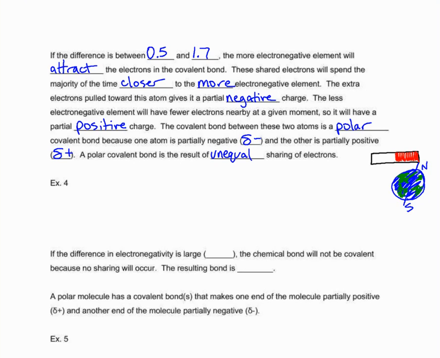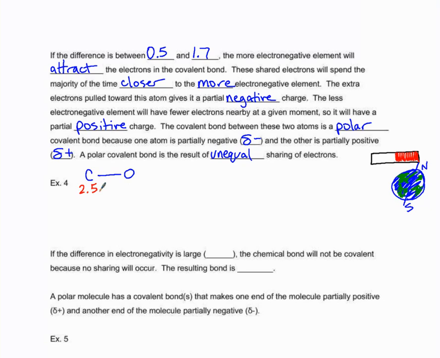So we look at a few different covalent bonds. Let's look at a covalent bond between carbon and oxygen. Carbon, if you look back to the previous page, you'll find that it has an electronegativity value of 2.5.